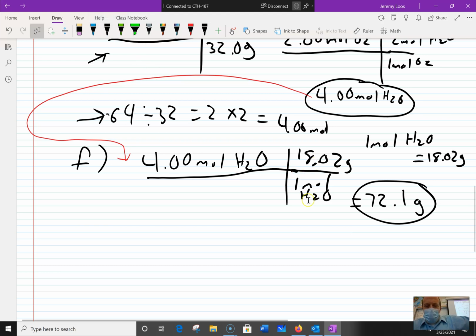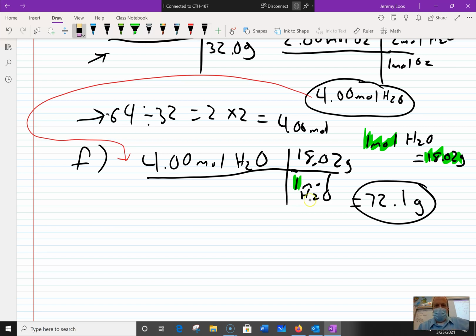I want you to notice a couple of things. Notice that I still put a 1 here, because this is the true fact. 1 mole of H2O is 18.02 grams. That's what's true. You have to use true facts. I wouldn't want to put a 2 here because 2 moles is not 18 grams. That's not true.